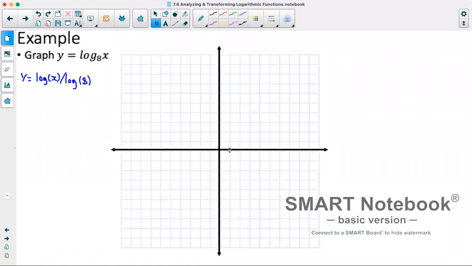Now, if we were to then graph it with our graphing calculators, we should end up with something that looks like this.